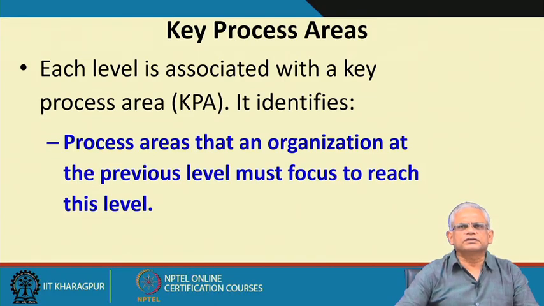Now, let us discuss another important aspect of the SEI CMM, which is the key process areas. As you might have already noted, the ISO 9000 is a go/no-go scenario; either an organization qualifies for the ISO 9001 or it does not.